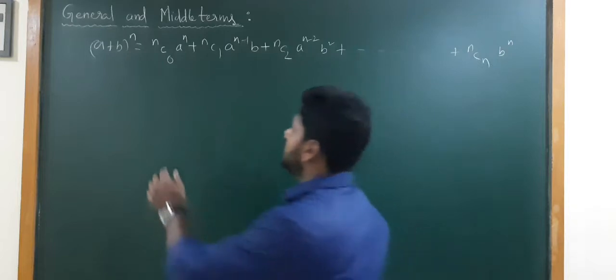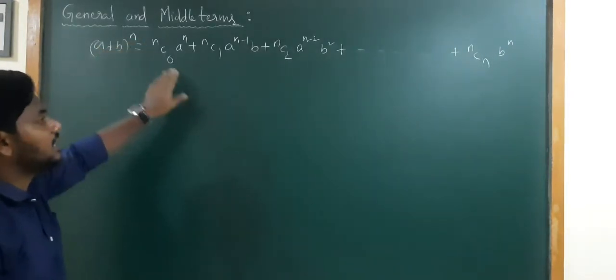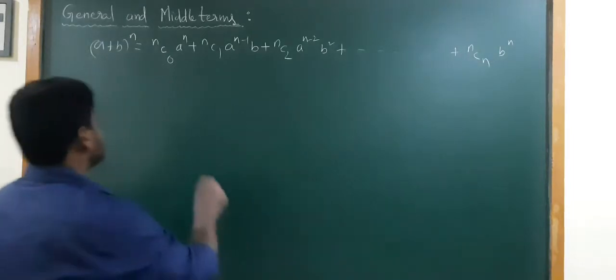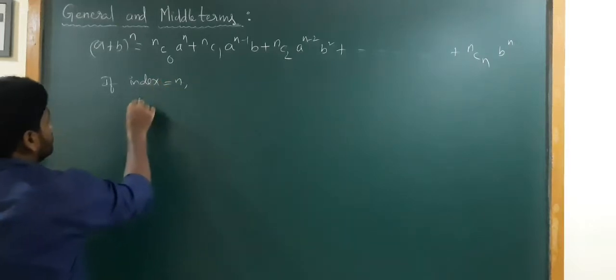See, we all know that if the index, nothing but the power here, is n, the number of terms we will get is n plus 1, right?